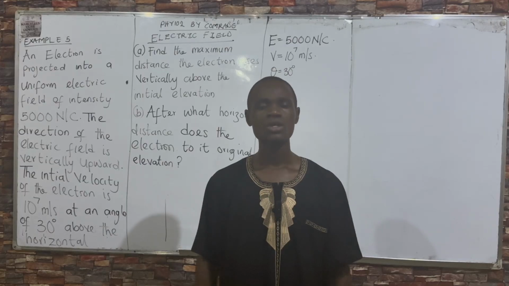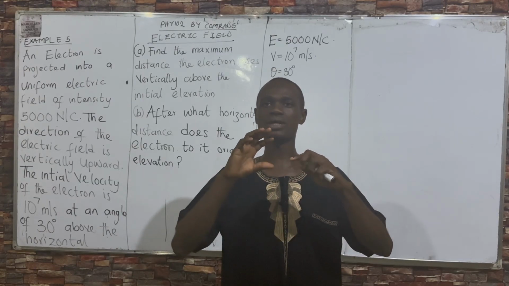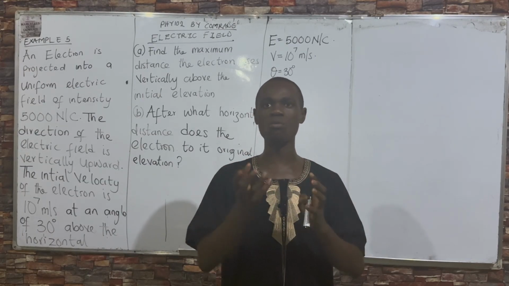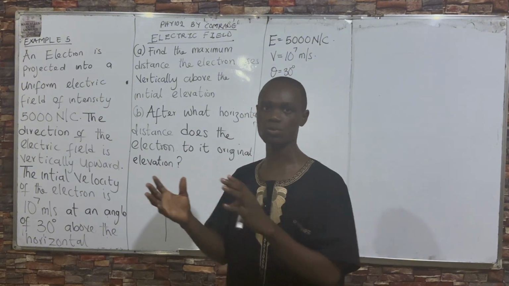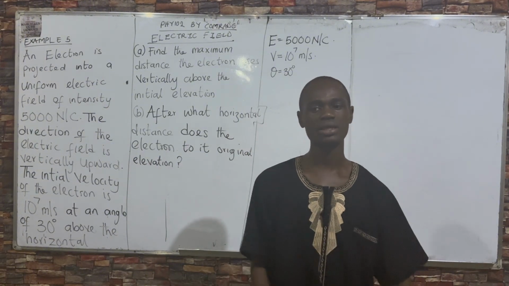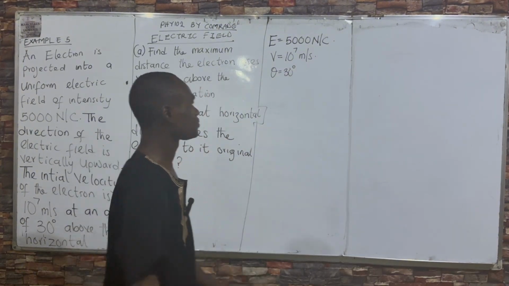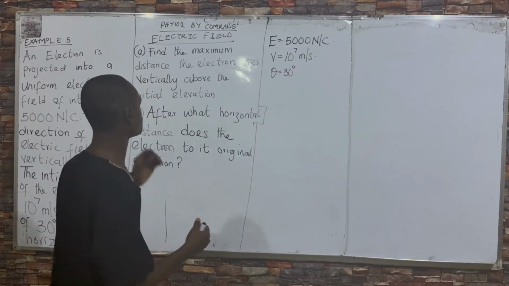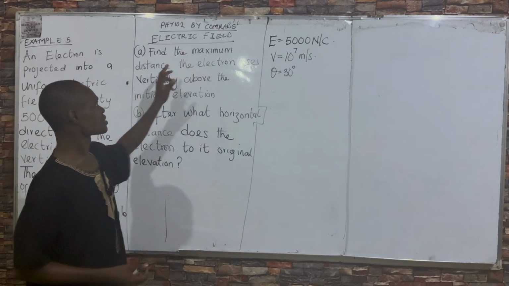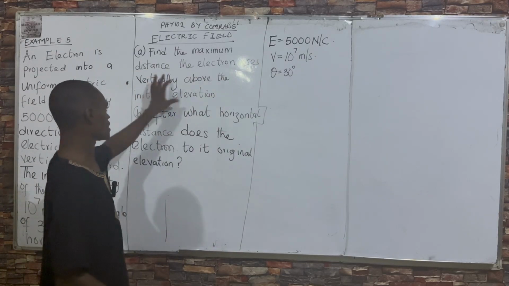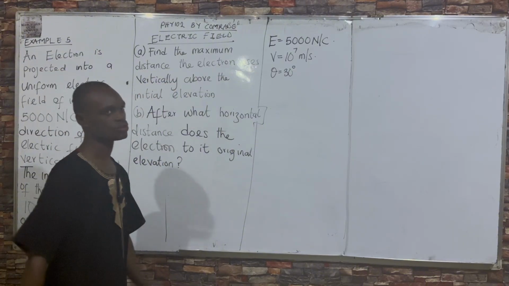You must also understand your analysis of motion under gravity to be able to answer this problem correctly. Let's analyze. Find the maximum distance the electron rises vertically above the initial elevation.